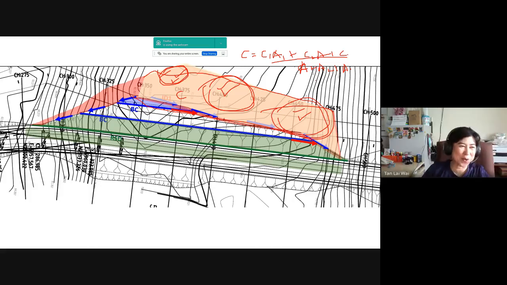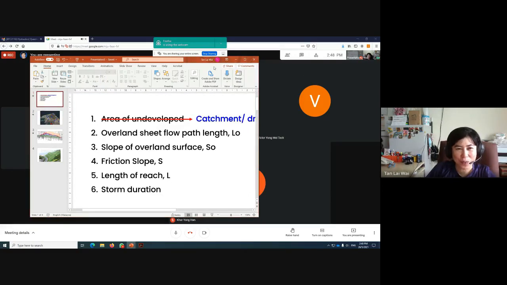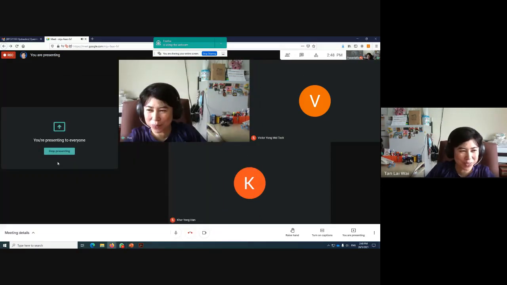No more? Okay, so let's go to the second of your questions. You asked for the overland sheet flow path. Can you show me your formula for this? I'm going to stop presenting. Show me your formula from your MASMA. So we are going to share our screen, right?